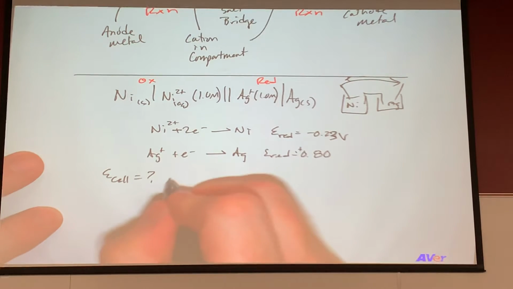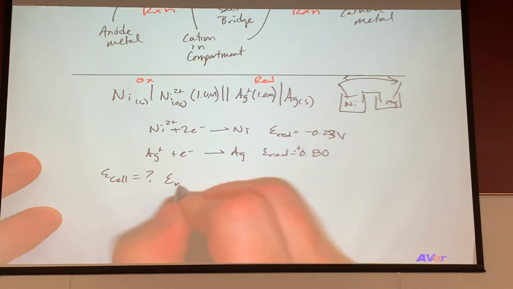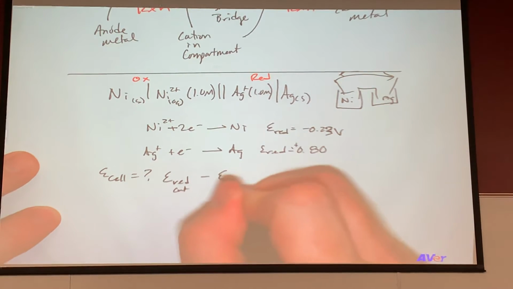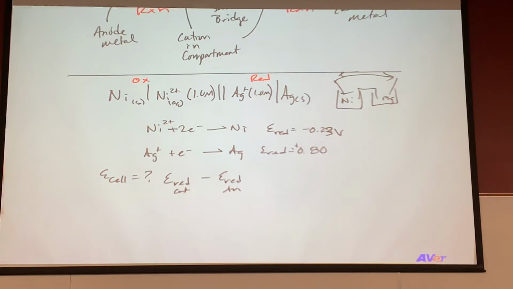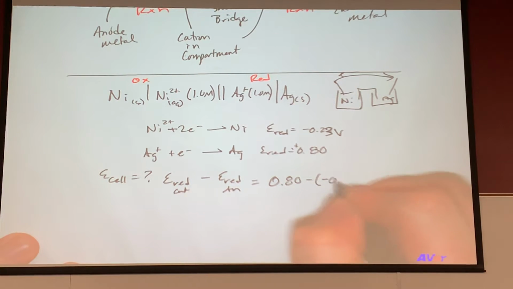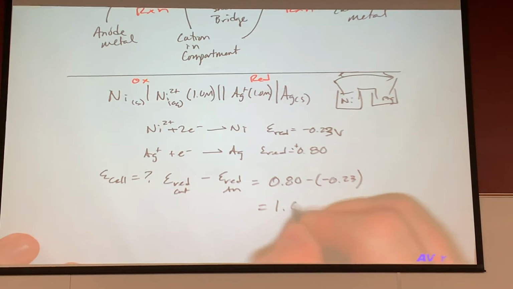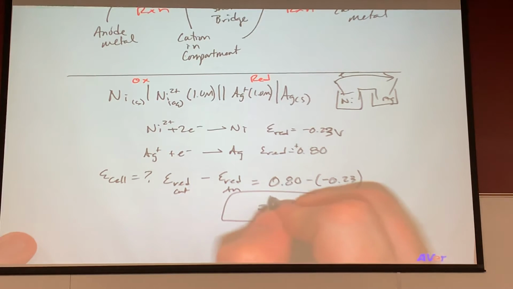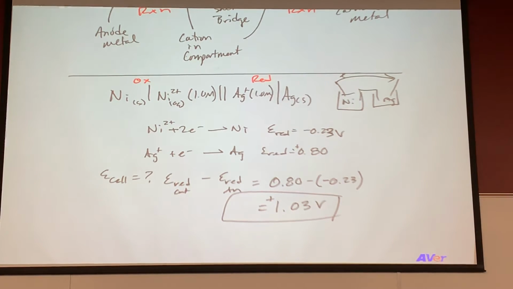So if you're solving this, remember it's E reduction cathode minus E. Spontaneous or non-spontaneous?